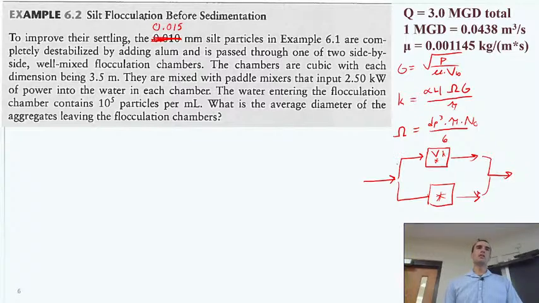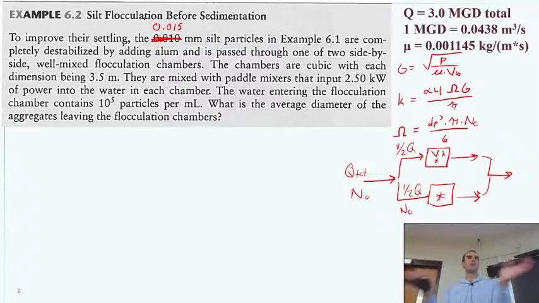Now, in each of these, we have some initial number concentration of our particles. This would be the Q total, and then it's split into half, so 1/2 Q into each of these. And we also have some initial number of particles going in. So that would be N naught here. Splitting the water into two parts doesn't change the concentration, just the flow rate. So we're still going to have N naught in either case.